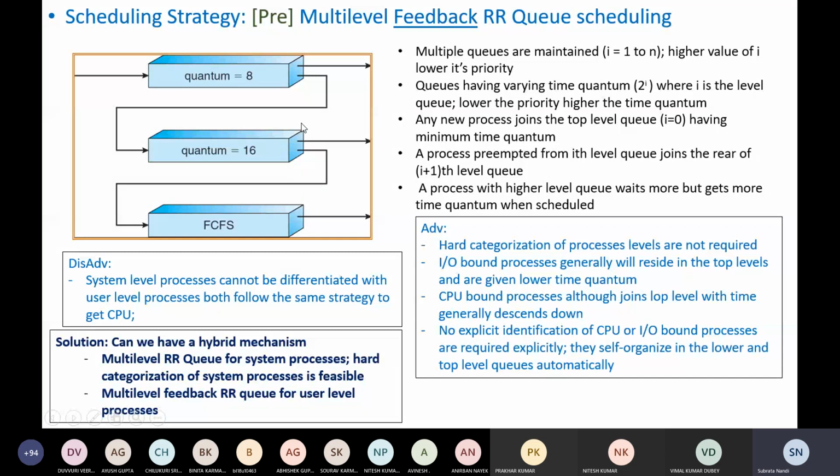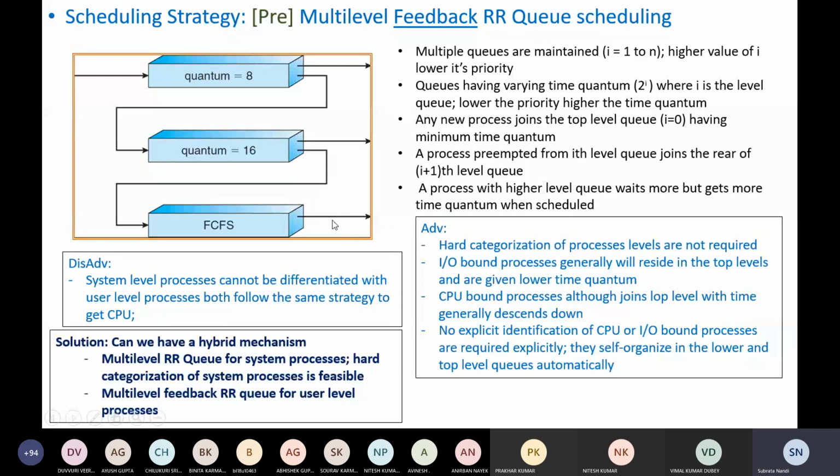So there is some kind of equal opportunity given, and in that process, the IO bound jobs will use the CPU, go for IO, and again come back and join here. So the IO bound jobs will be basically confined in the higher level queues, and the CPU bound jobs will gradually descend down and down, accumulating in the lower level queues.